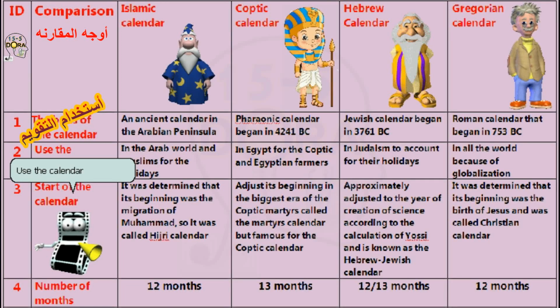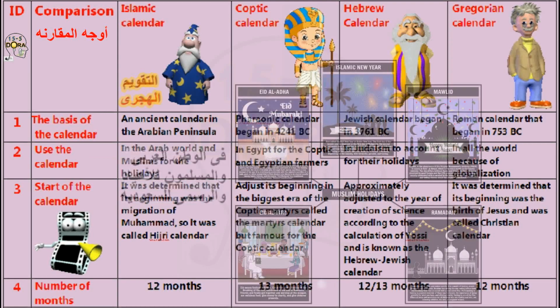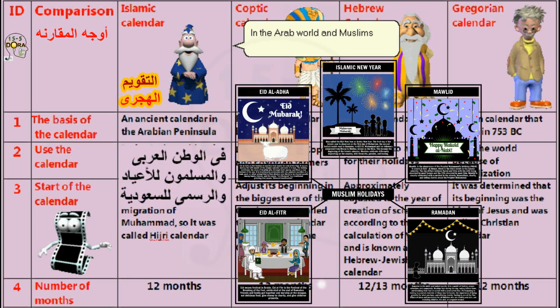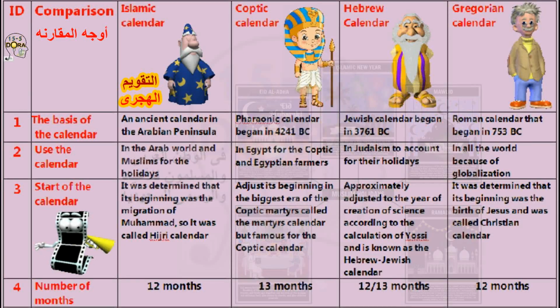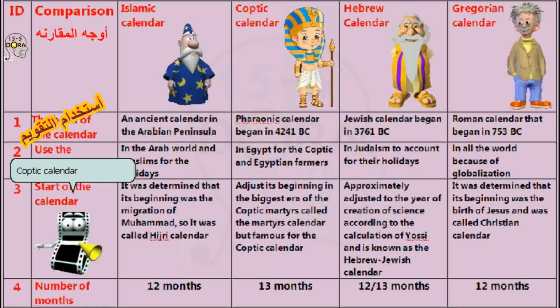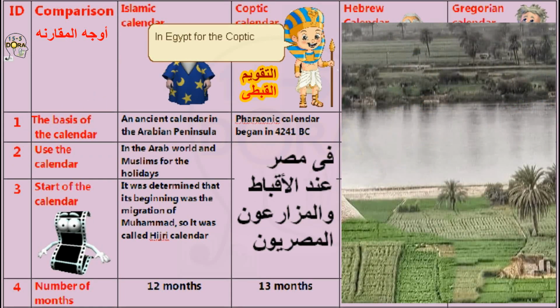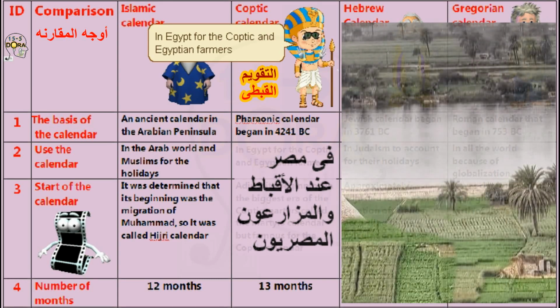2. Use of the calendar. Islamic calendar: in the Arab world and among Muslims, for the holidays. Coptic calendar: in Egypt, for the Copts and Egyptian farmers.